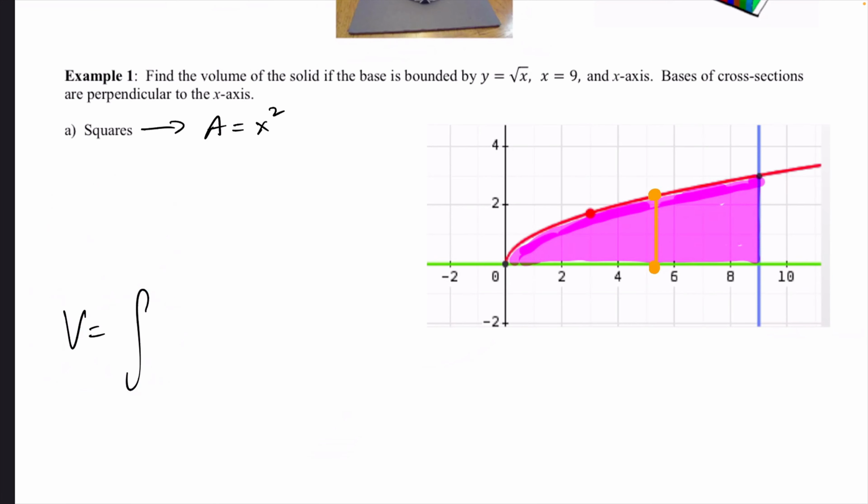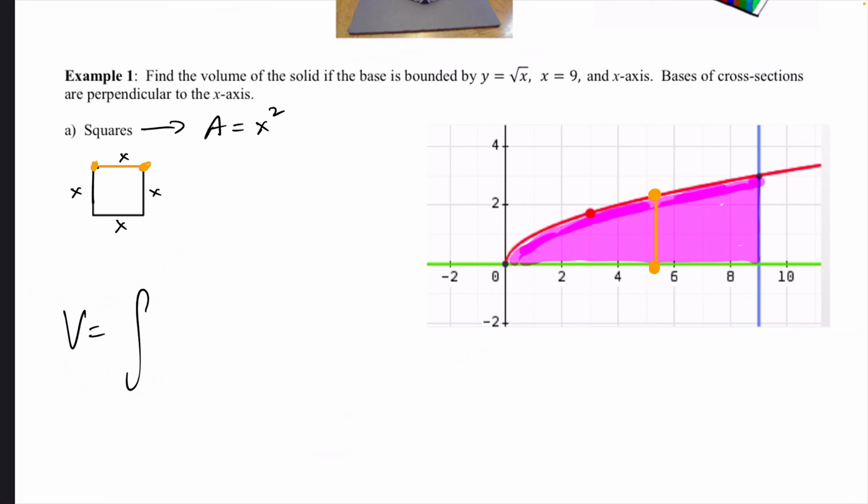So each square will be here. That will go here.